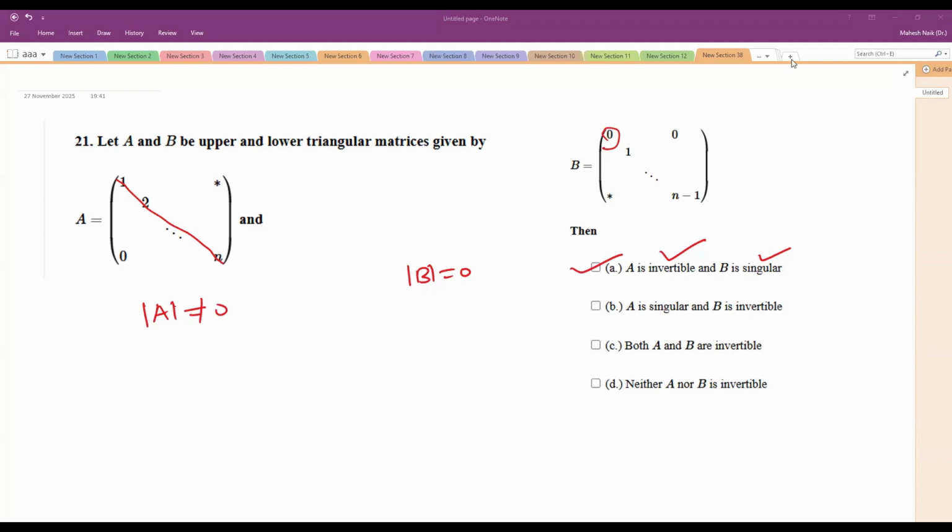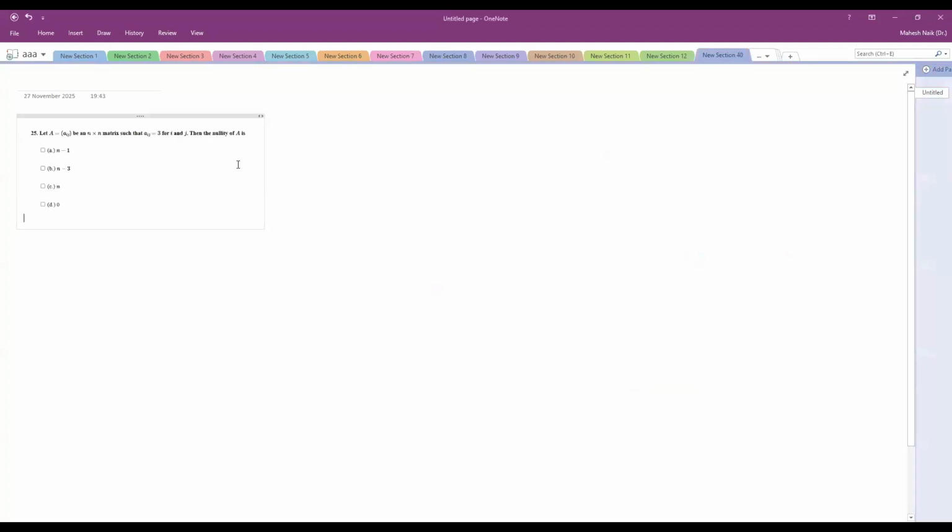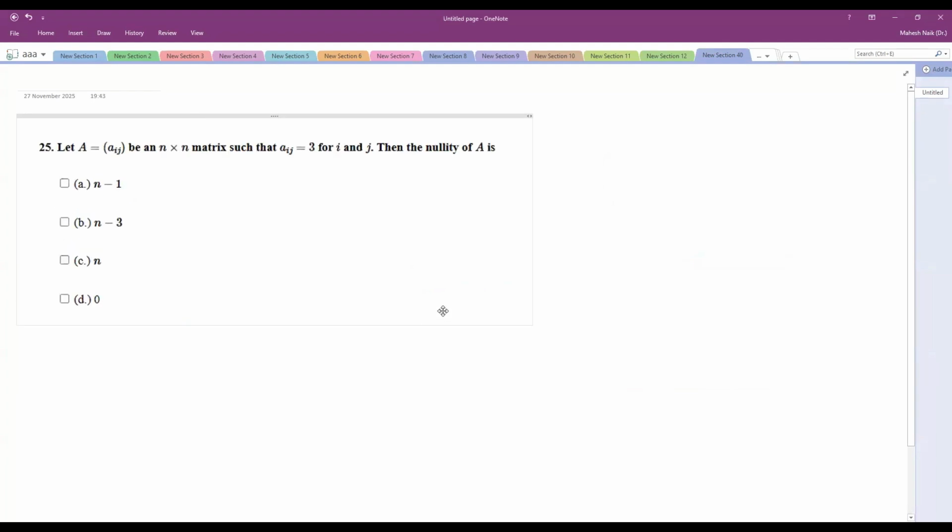Let's take this question. So we have A, which is an n cross n matrix, and Aij is equal to 3 for all i, j. And then the nullity of A is asked.